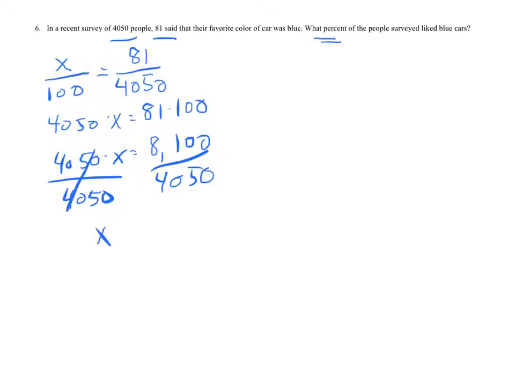And we have that x is equal to, now 8,100 divided by 4,050. 4,050 is exactly half of 8,100. So what we end up with is 2. Now, in all the other problems, we've been keeping track of our units. What are our units in this one? If we're looking for a percent, well, our units are simply that percent symbol. So 2% of the people surveyed liked blue cars.